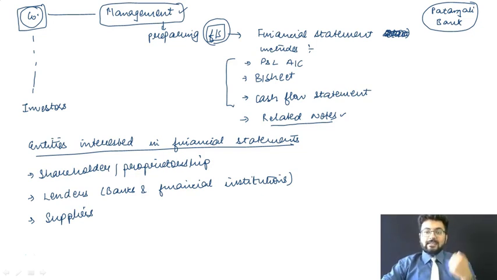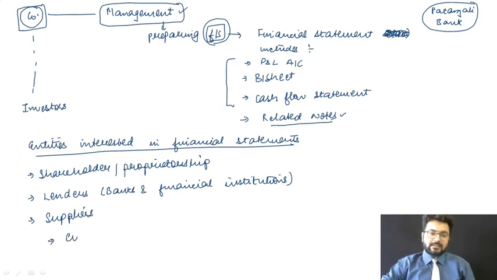But in case I come to know that his company is incurring losses, then definitely he will not be much interested in placing orders with my company. Logically, if he is making profit, my business will also grow, tomorrow he will take goods from me only. But when it comes to losses, my business will also be affected. So that's why supplier is interested.